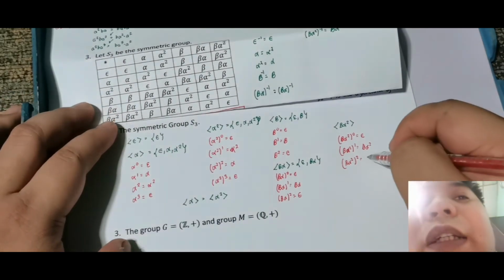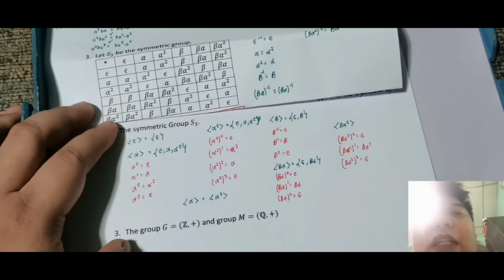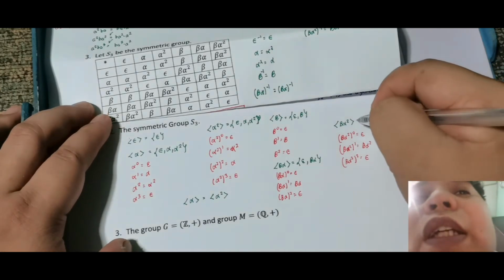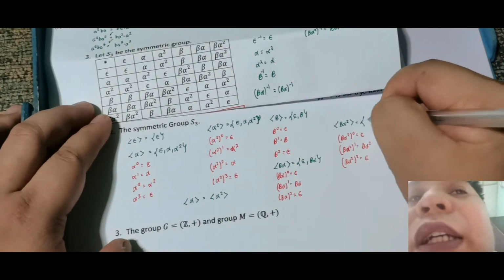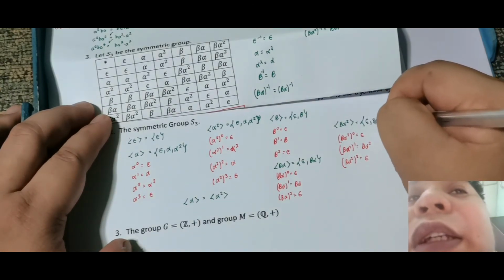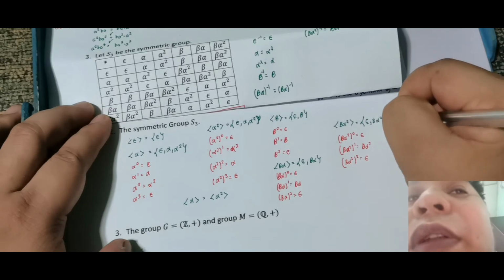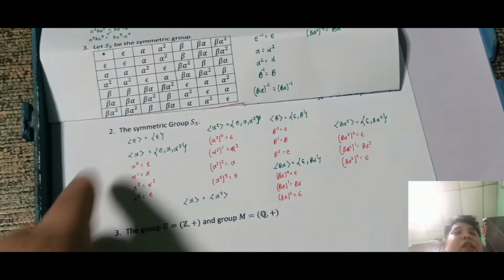So bumalik na sa epsilon. So tigil na tayo: the cyclic subgroup generated by it is equal to epsilon and beta alpha squared.